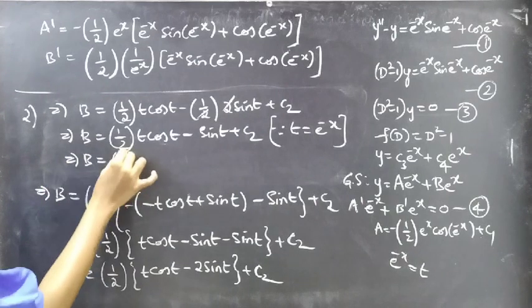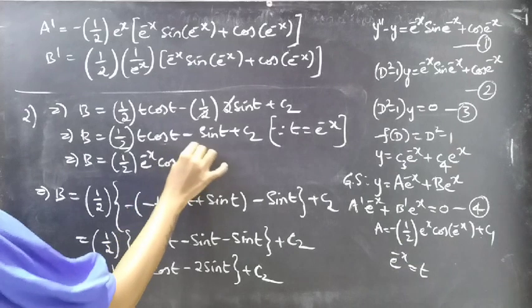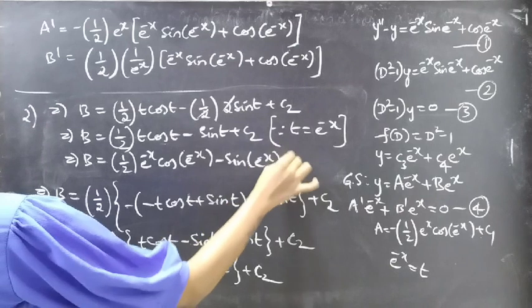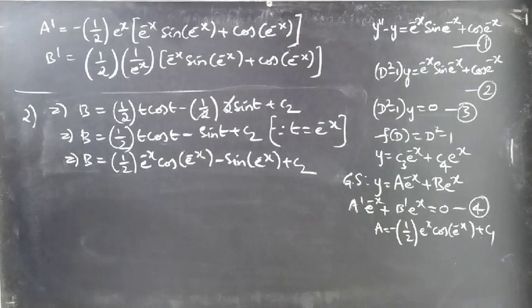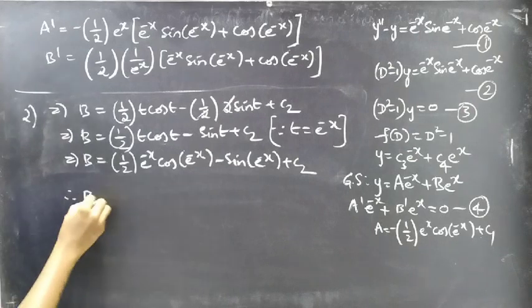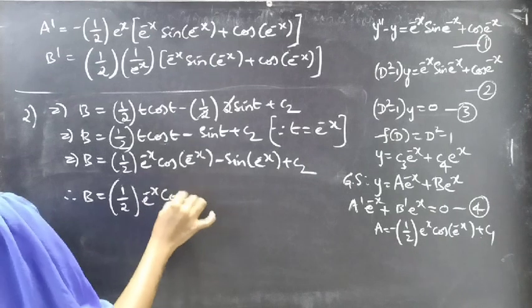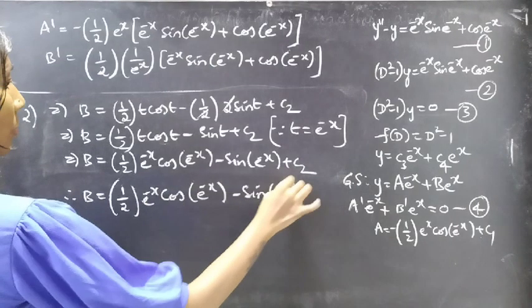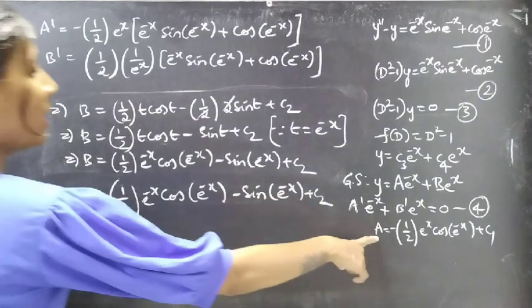We get b equal to 1 by 2 e power minus x cos e power minus x minus sin e power minus x plus c2. We got b here. Therefore, b equal to 1 by 2 e power minus x cos e power minus x minus sin e power minus x plus c2. So we got a and b.